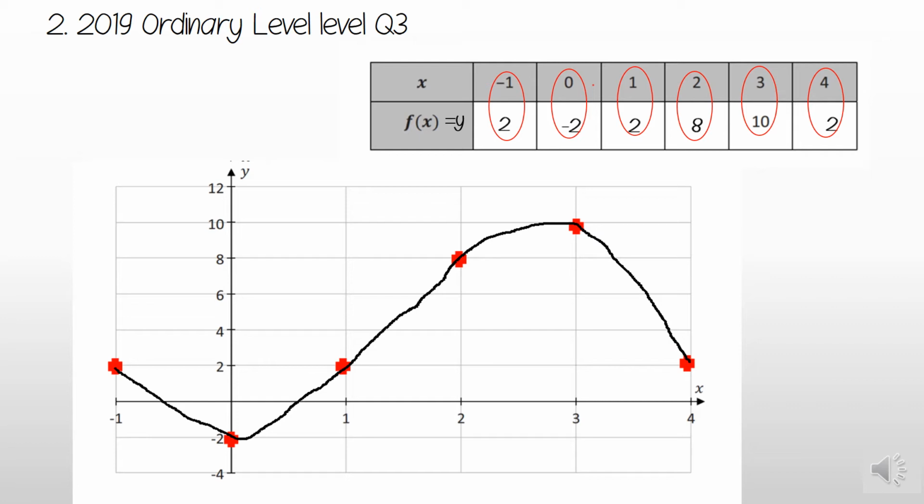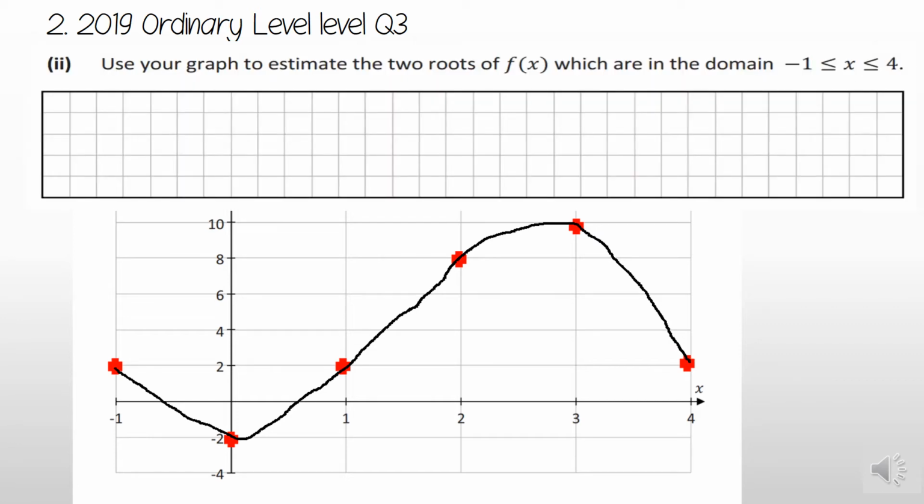Anyway, so we drew that, and now the next part of the question was saying use your graph to estimate the true roots of f of x which are in the domain -1 to 4. So this just means that the domain is the space in the x direction. So they're saying in the x direction -1 to 4.